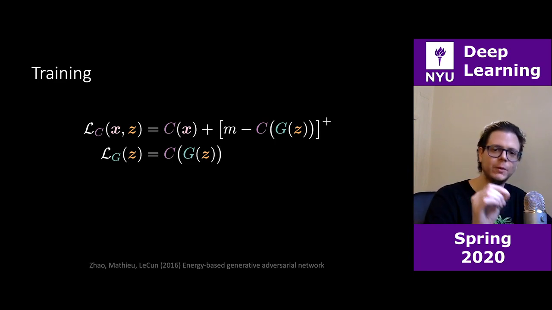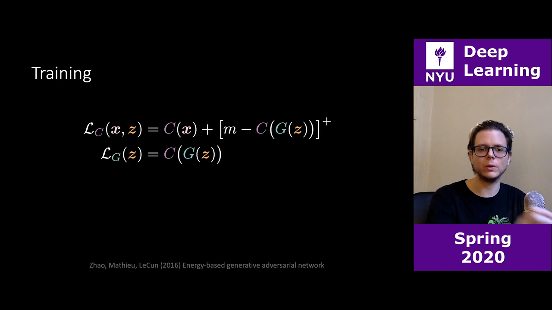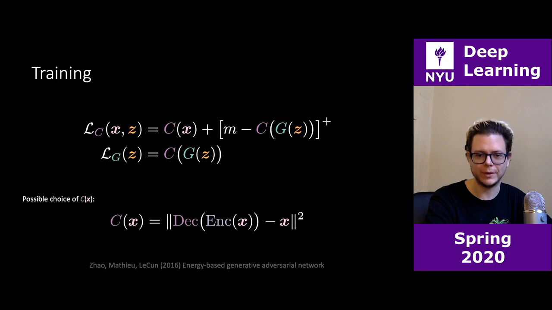Okay. Again, can we be more specific? What is this cost network? I haven't told you yet a specific choice you can make for creating a network that is giving you this scalar based on the input. But I think you may already have some ideas how this network can be made. And so a possible choice for this network is going to be the following.